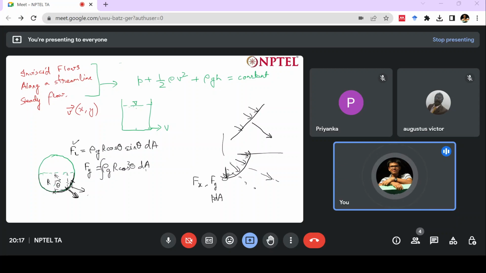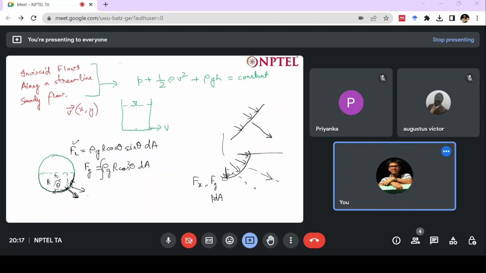So this area dA, how will you write it? It depends on whether this is a cylindrical tank or a spherical tank. Cylindrical, the problem is easier. You will simply write your dA as r d theta into the width of the tank.